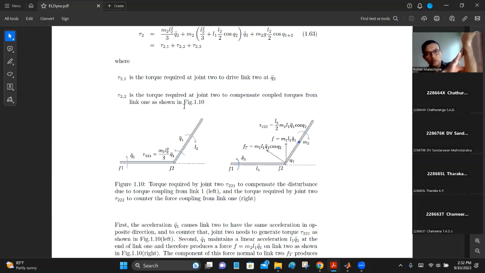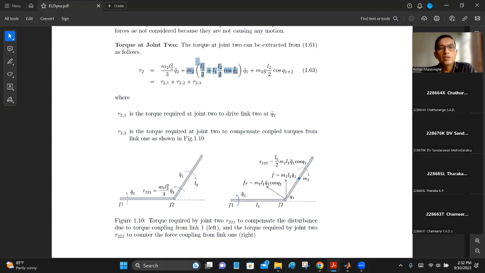And if link 2 doesn't want to get disturbed, it has to generate or counter those coupled forces and torques from link 1. So this happens in both directions. The second term over here is the torque joint 2 has to generate in addition to, say, compensating against gravity or generating the required torque to accelerate itself.